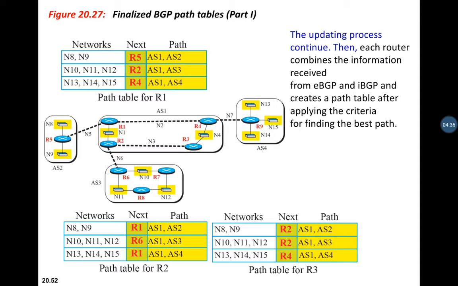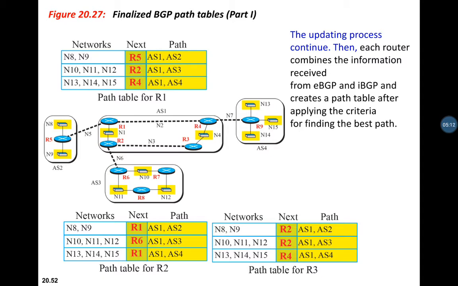So after R1 receives a message from R2, it combines that information about AS3 with the information it already knows about AS1 and sends an update message to R5. As a result, AS3, AS1, AS2 are now connected. Next, similarly R4.